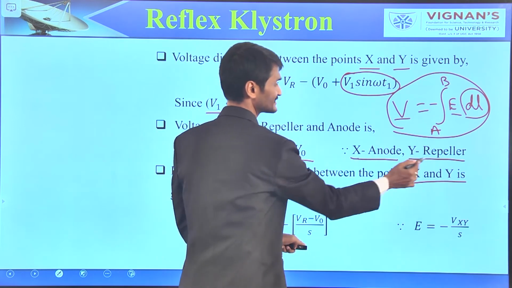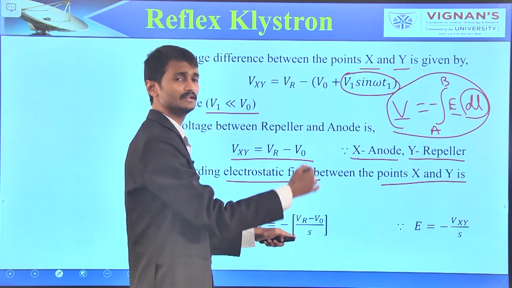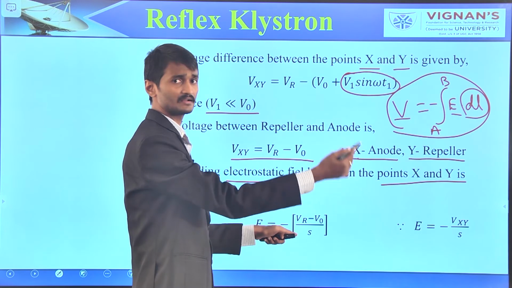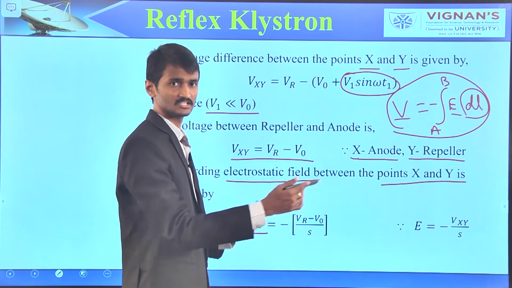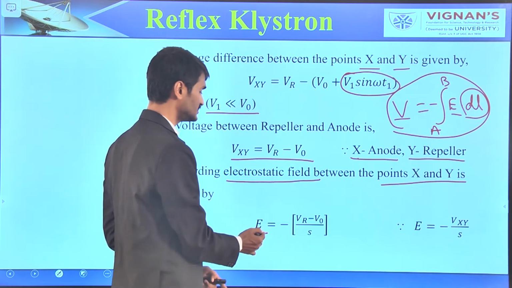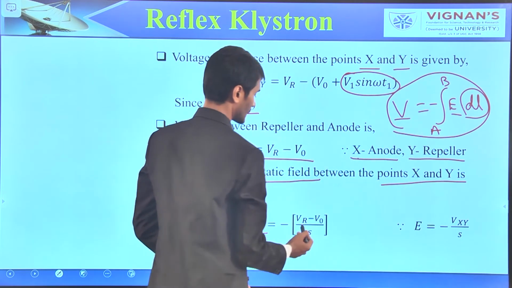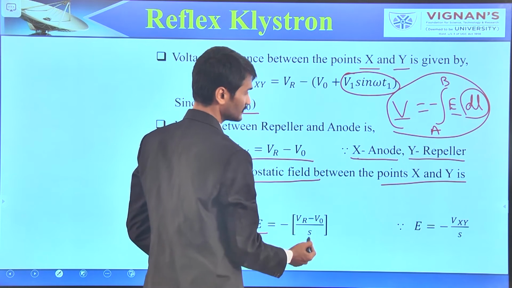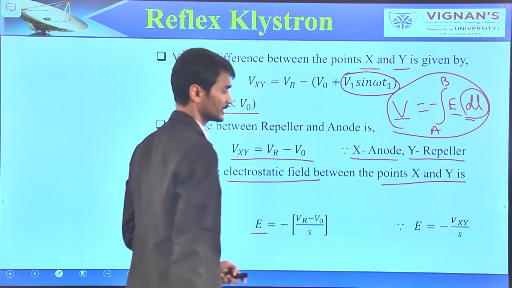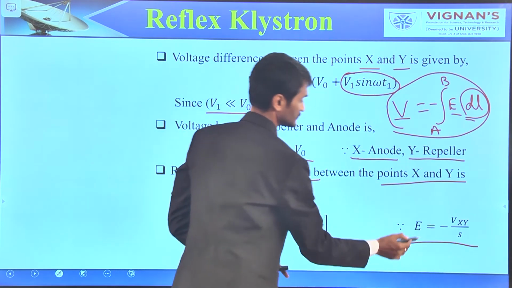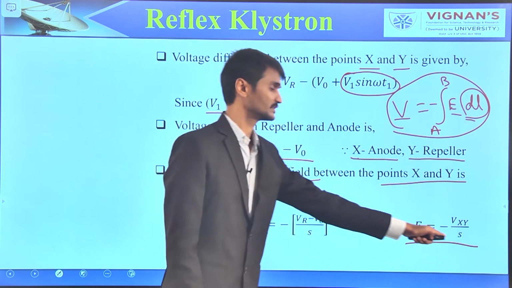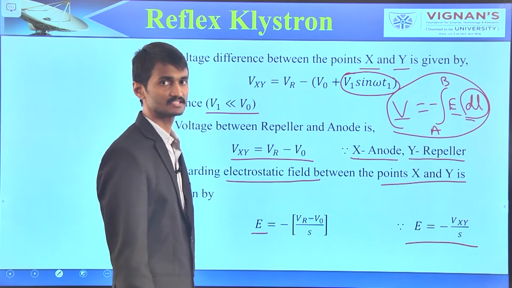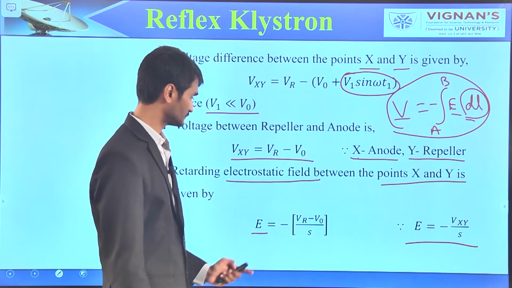The distance between x and y, the anode cavity and the repeller electrode, is the repeller space S. So E equals minus Vxy by S, that is minus (Vr minus V naught) by S.